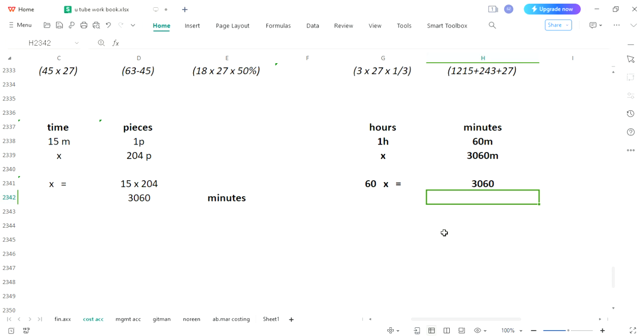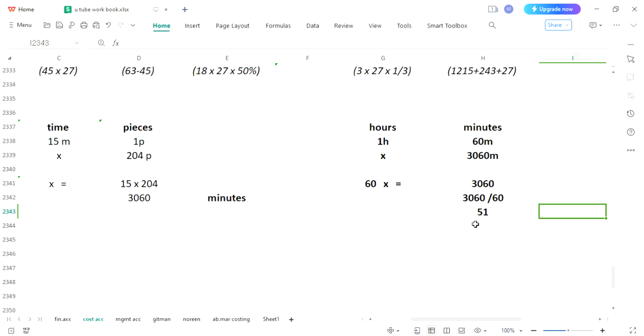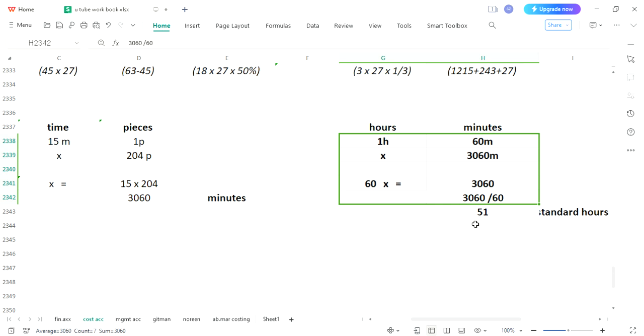At opposite side we already have 3060. When you will take 60 to the opposite side, it would be divided. Finally, we can calculate our required amount, 3060 divided by 60. So here 51. What is this? Standard hours we have calculated. 51. Remaining everything was for calculation. We are not highlighting it.